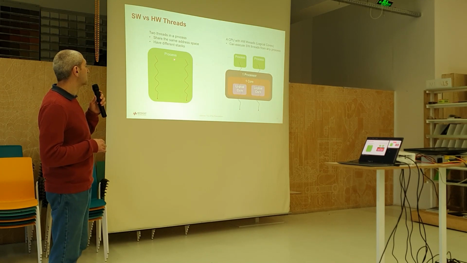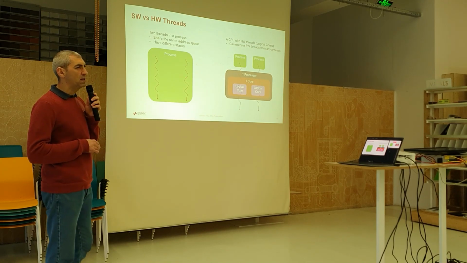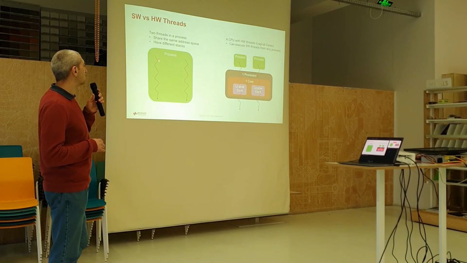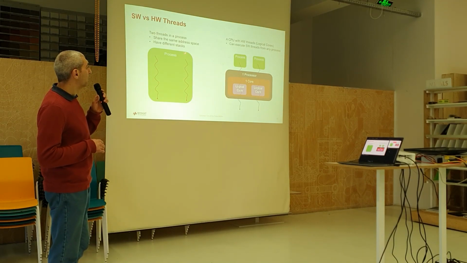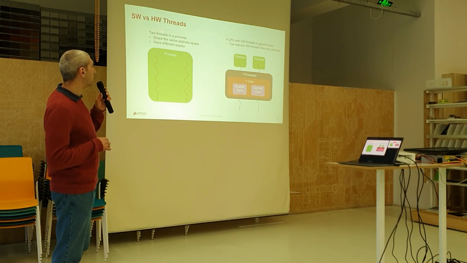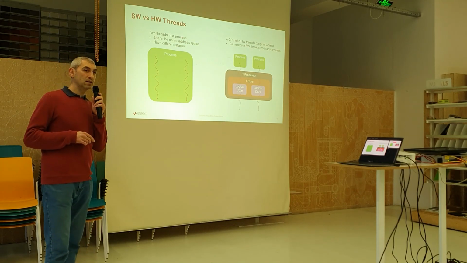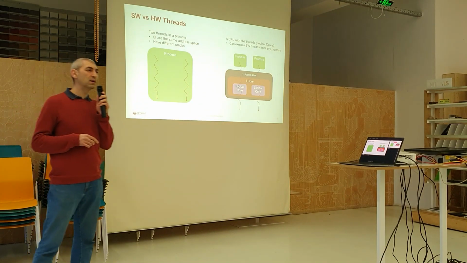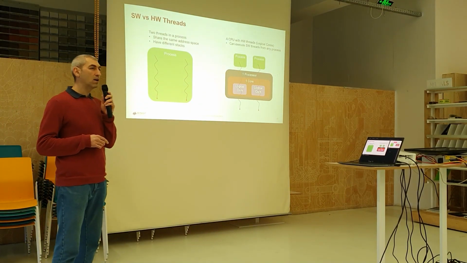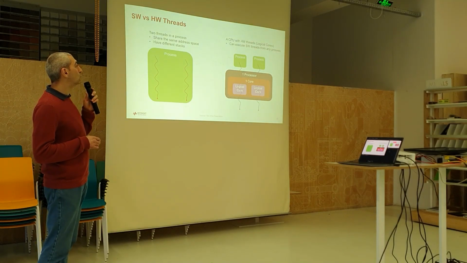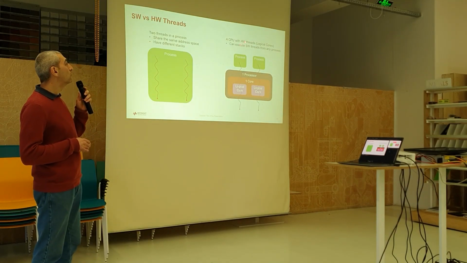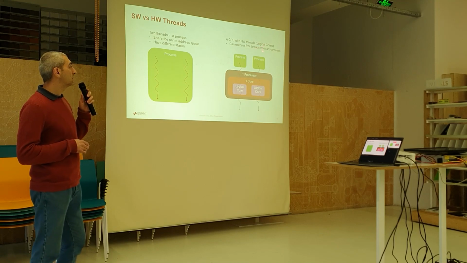So we have a process. The process might be multi-threading, that is, it has multiple threads. These are software threads. Whereas when we talk about hardware threads, the hardware threads are more close to the Intel engineers, the ones who design the CPUs and are able to run multiple threads on the same CPU.